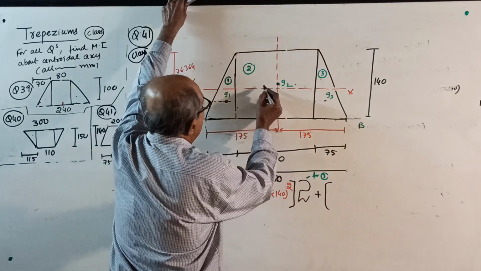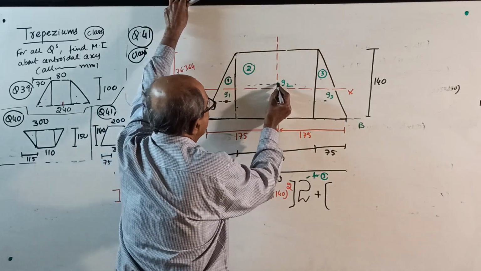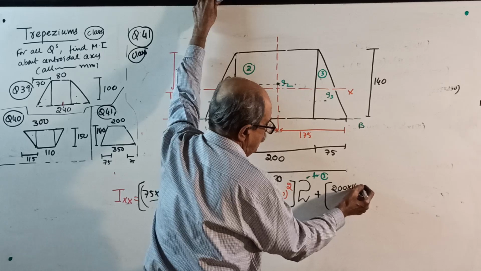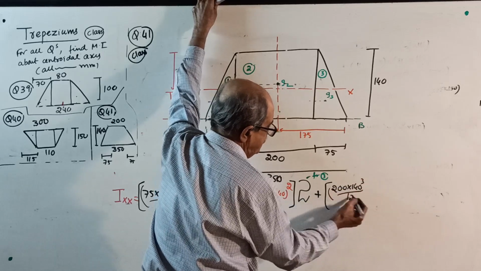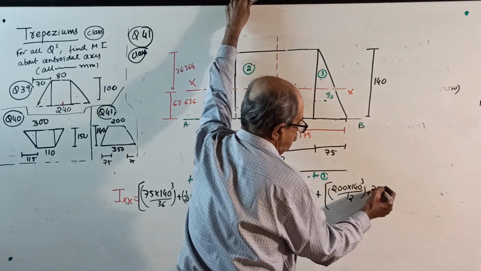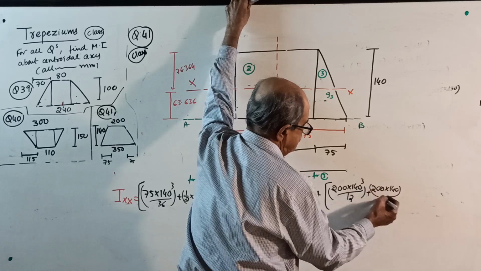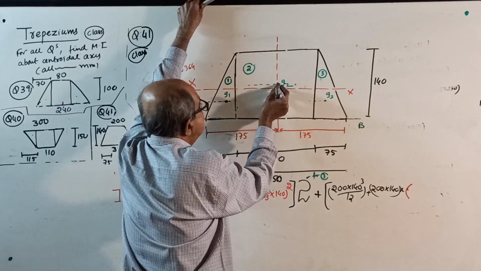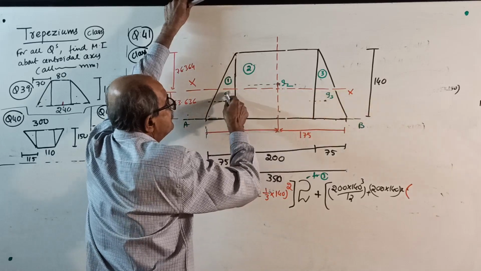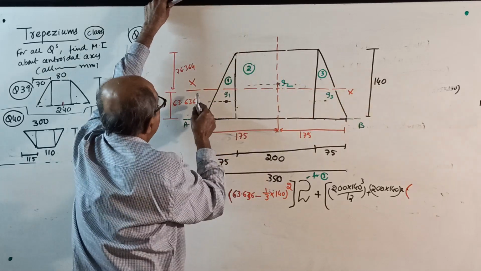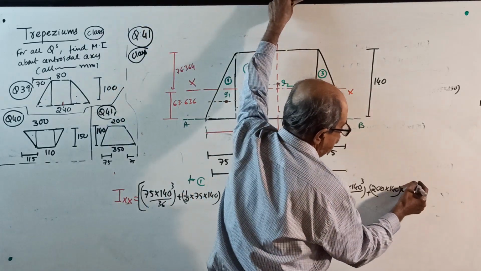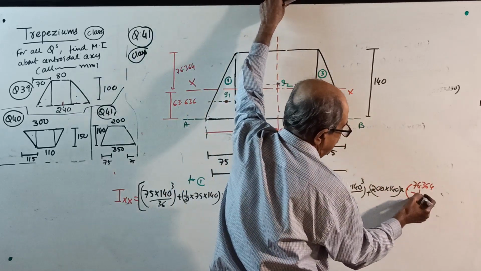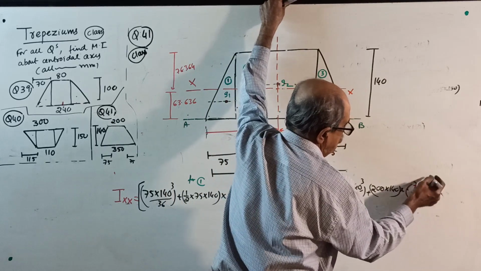Only the rectangle remains now. I about its own centroidal axis: 200 into 140 cube divided by 12 is Ig, plus 200 into 140 is the area, into the vertical distance from centroid to XX squared, which is 76.364 minus half of 140, whole square.